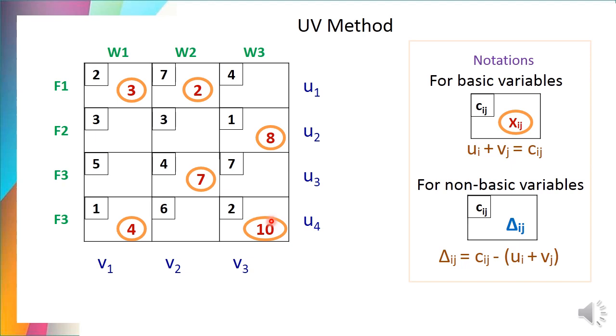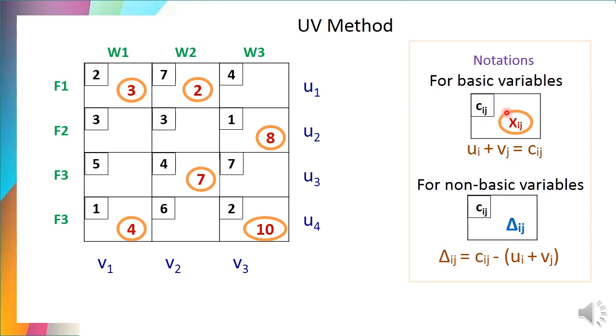Okay. Let us assign the variables for each rows u1, u2, u3, u4. Similarly, assign the variables v for each of the columns v1, v2, v3. Now these are the formulas, notations we are using for basic variable. Any cell is considered as a basic variable cell.